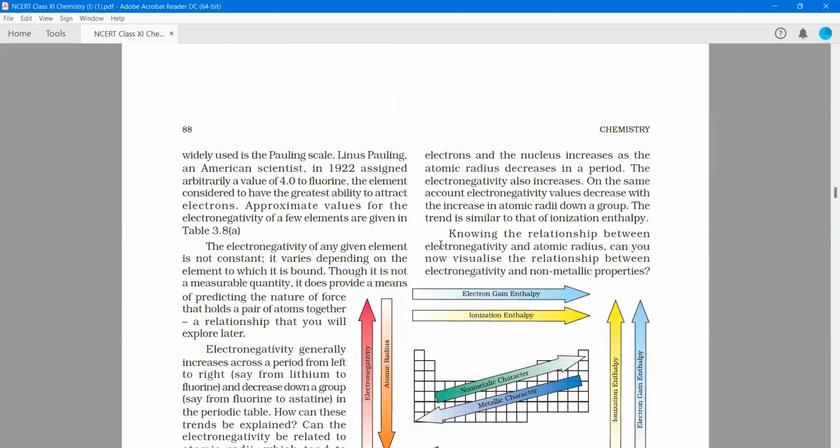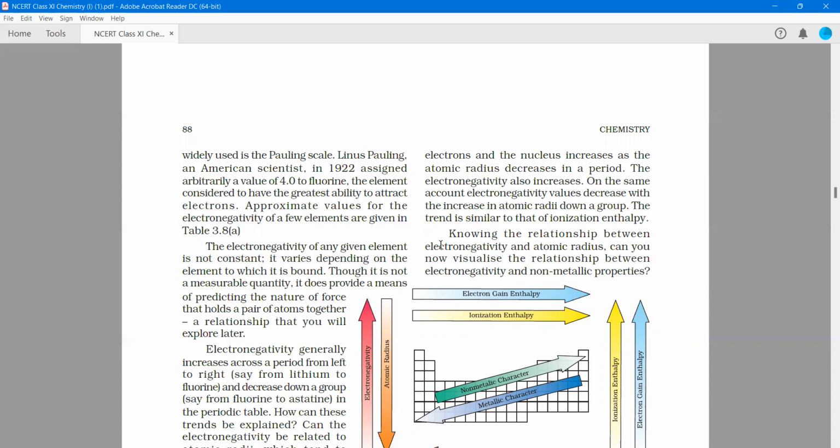Linus Pauling, an American scientist, assigned the electronegativity value of 4 to fluorine, and then approximated the values of all the other elements with respect to this. He defined that the most electronegative element of the periodic table is fluorine, and assigned it an electronegativity of 4.